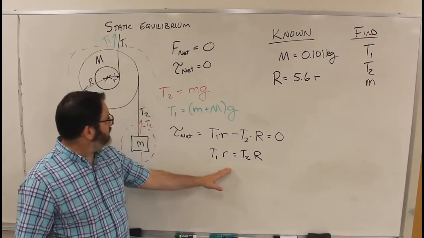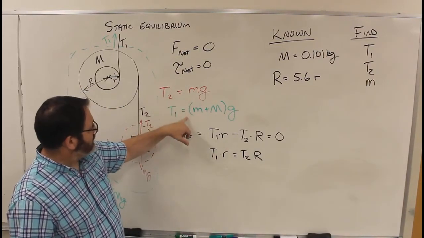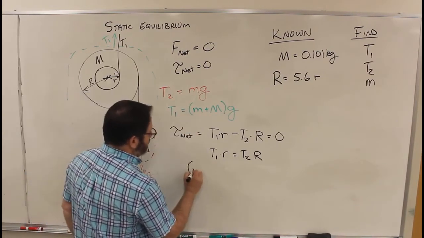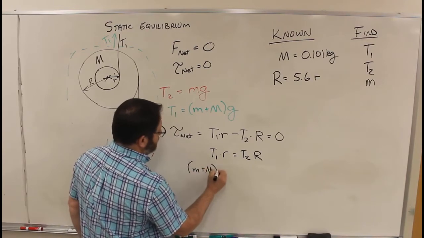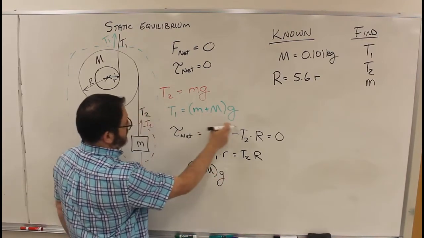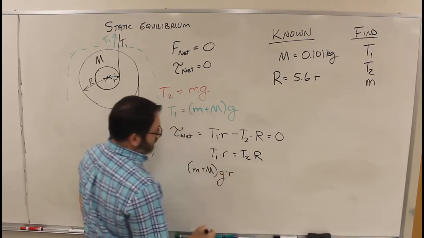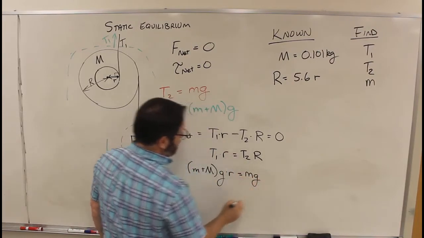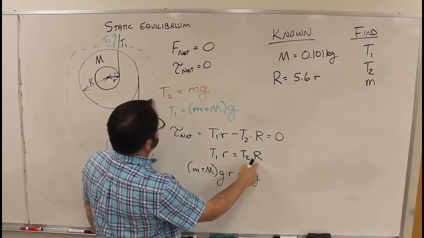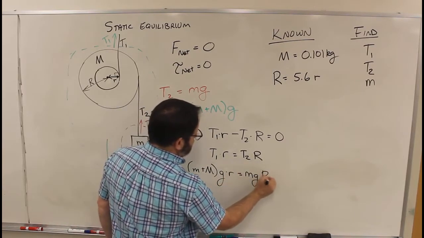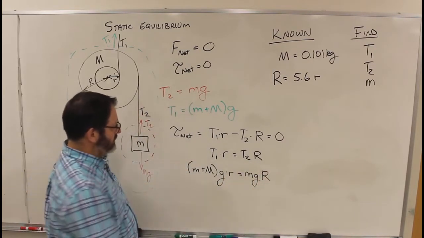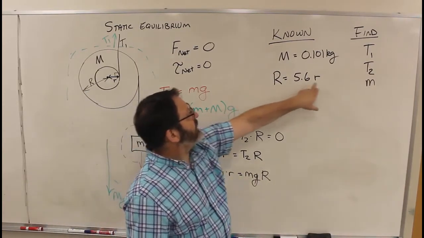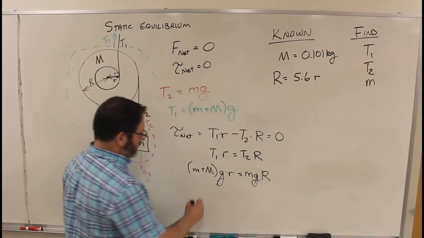So now what can we do with this? We can try putting these in. T1 is little m plus big M times g, times r, equals T2, which is mg times big R. So the g's go away. And we know that big R is 5.6 times little r.